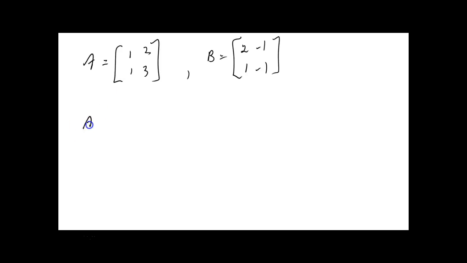All right, A is this little matrix here, 1, 2, 1, 3. B is this little matrix here, 2, -1, 1, -1. Okay. It says calculate AB inverse. Well, let's first calculate AB.